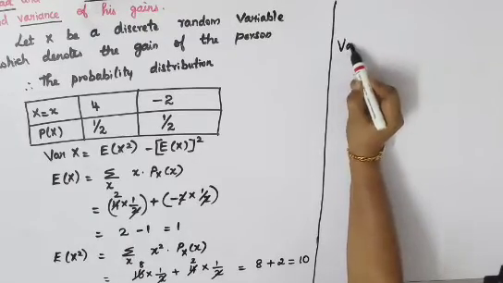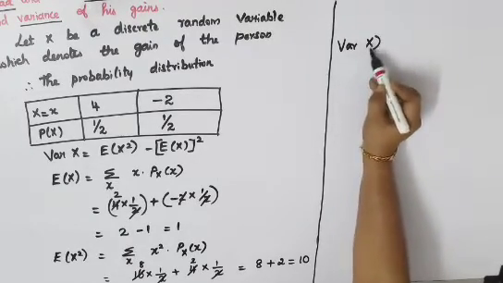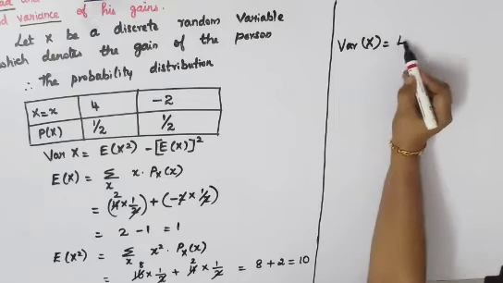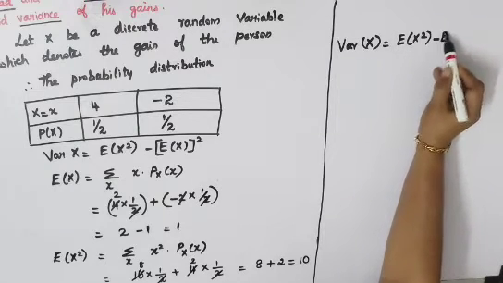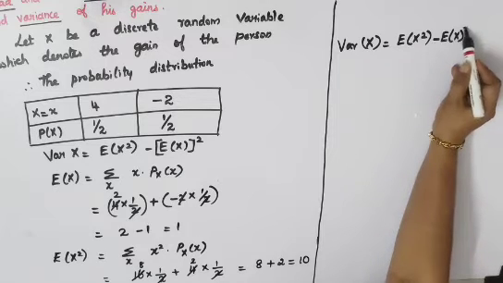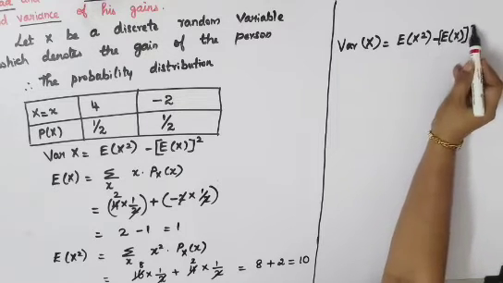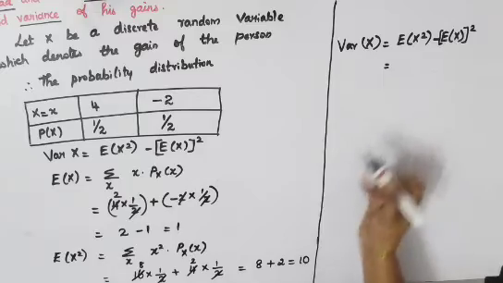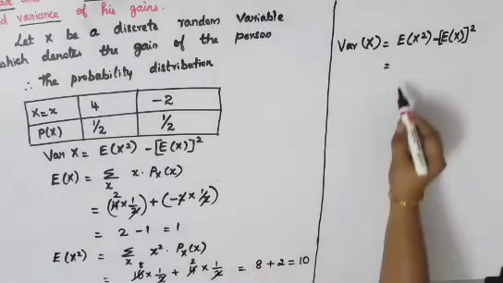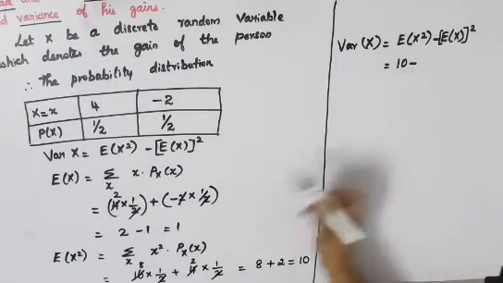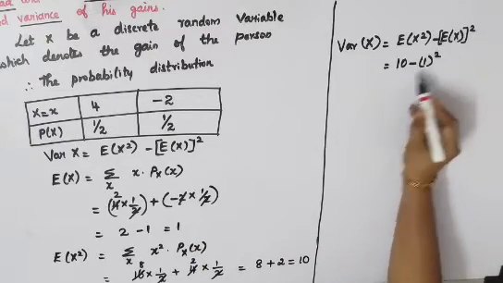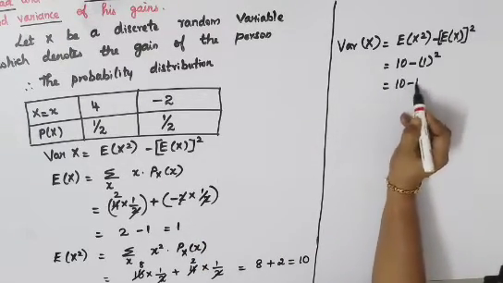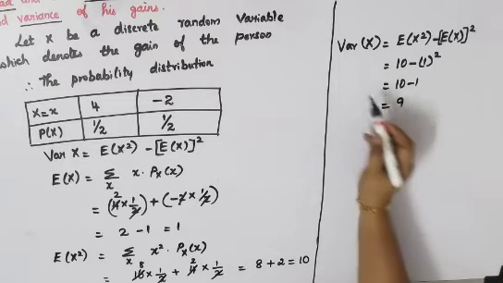Next is variance of x. That is your formula, E of x square minus E of x the whole square. So just go for a substitution. E of x square we have got 10 minus E of x is 1, so 1 the whole square. So which is equal to 10 minus 1, 9. So variance of x is 9.